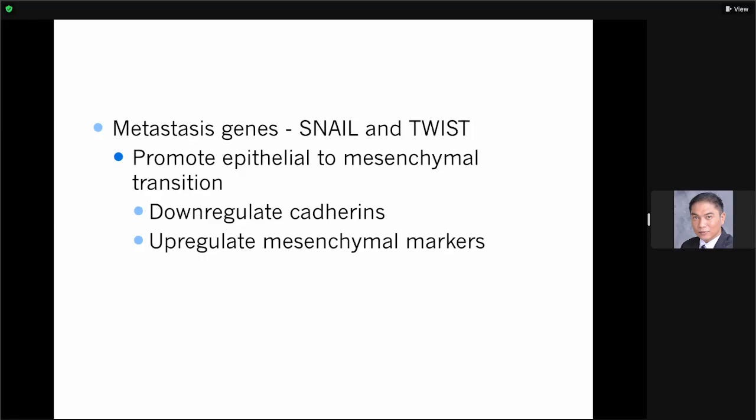These snail and twist promote the epithelial to mesenchymal transition. Processes that are involved here are downregulation of cadherins and upregulation of mesenchymal markers.